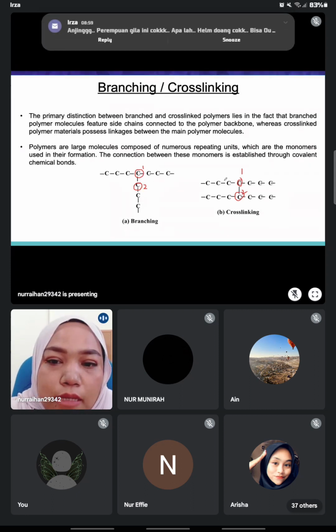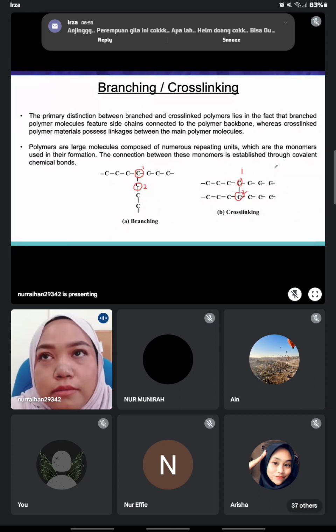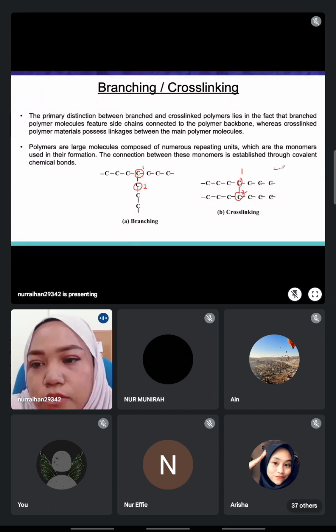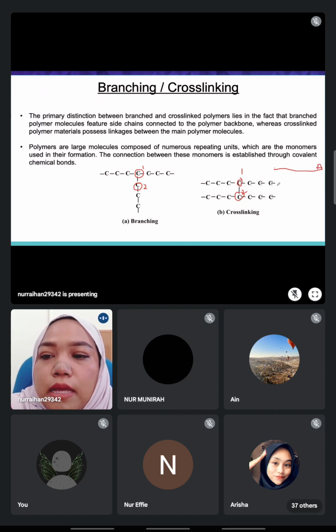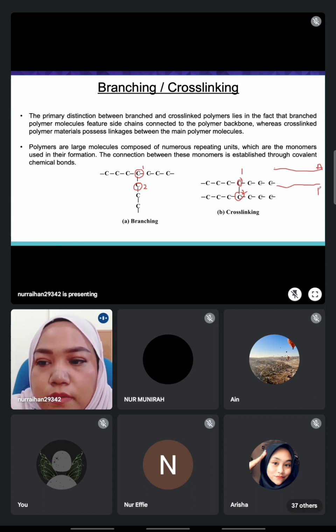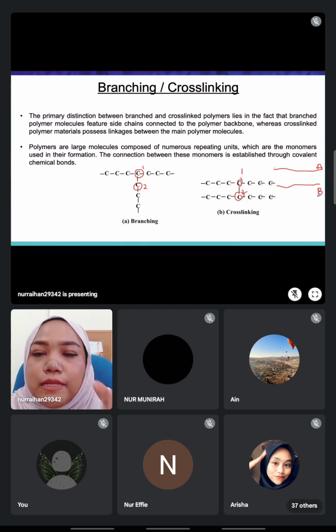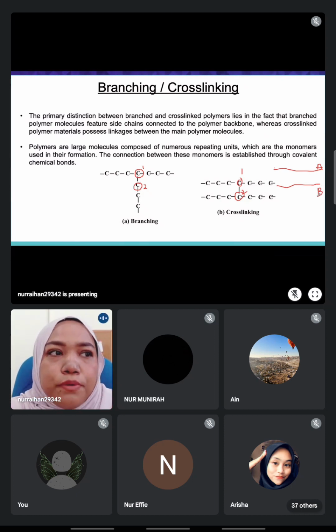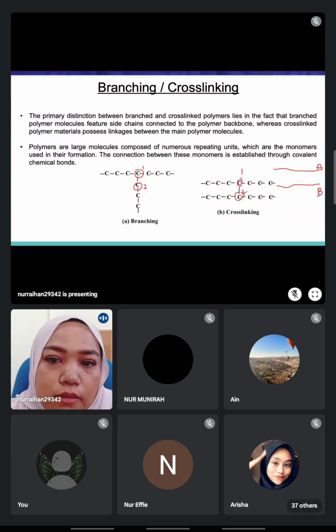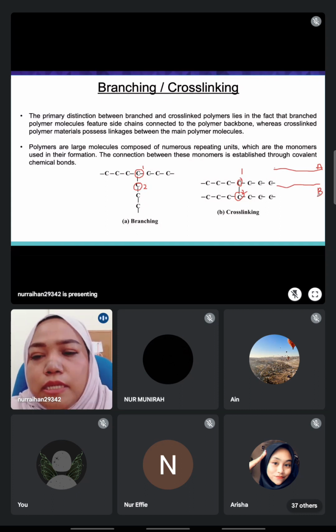But in the cross-linking, let's say kalau kita nak tunjukkan diagram polymer chain awak. So, this is polymer chain yang pertama, A. And then you have another polymer chain, B. And you vulcanize ataupun you cure ataupun maybe you use any cross-linking agent, sulfur or anything that can be a cross-link agent.